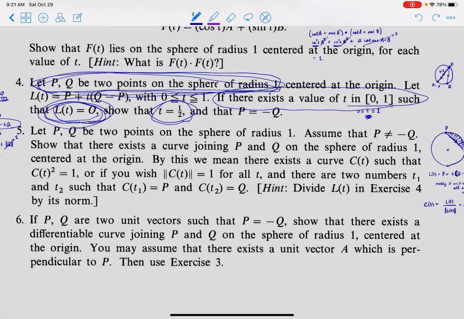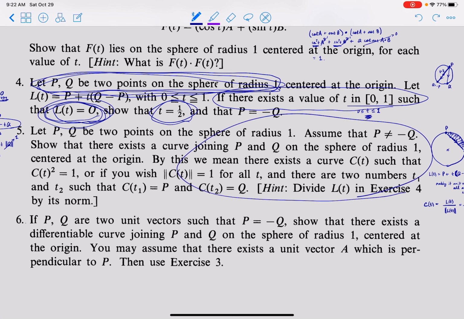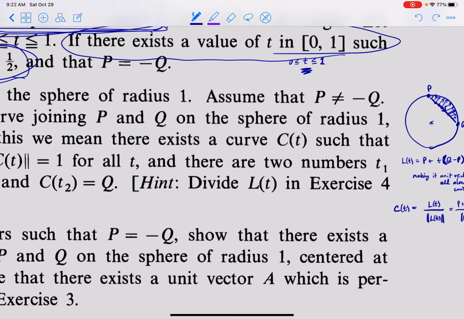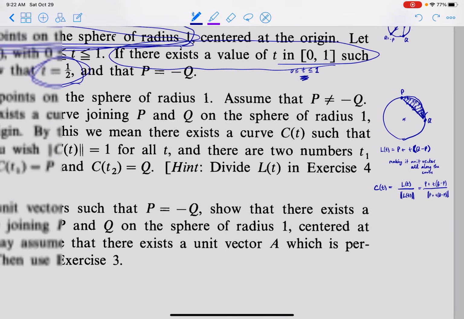Okay, let's do number 6. Now, if p and q are unit vectors such that p = -q, so they're on opposite sides, show that there still exists a curve joining p and q on the sphere of radius 1. In the previous exercise, we produced this curve that goes from p to q along the sphere, provided that they weren't on opposite sides of the sphere in any dimension.